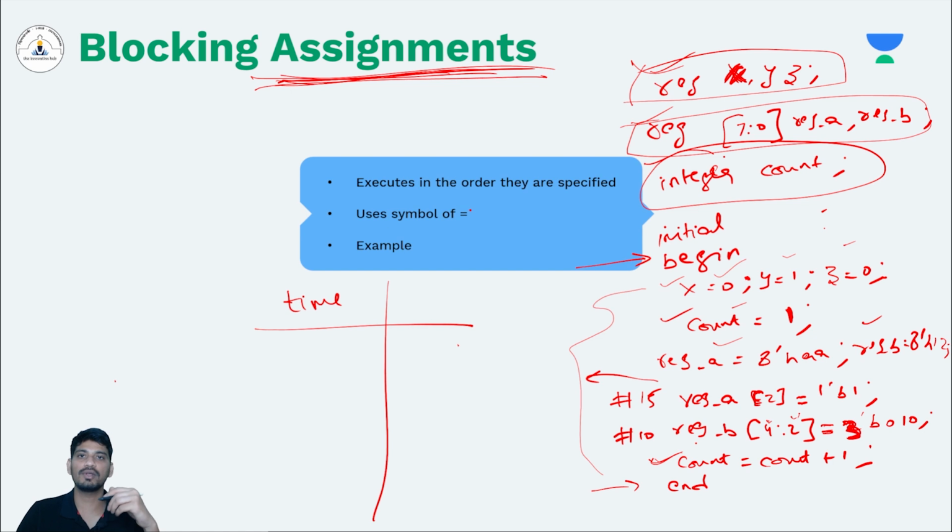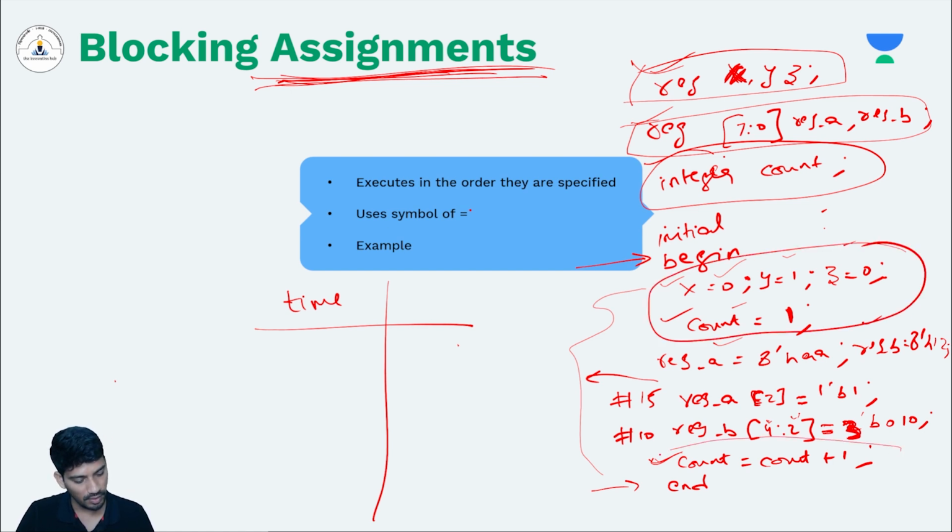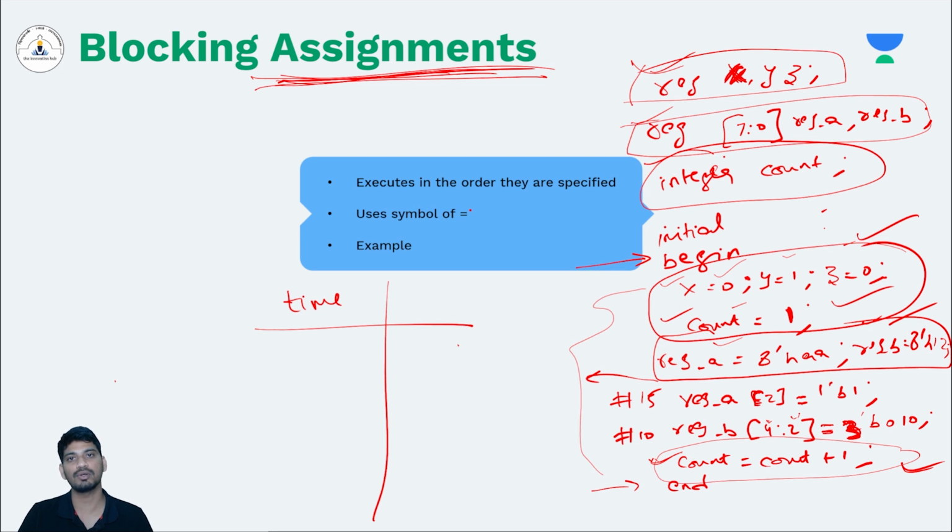So ideally we would think that all these lines, even this one with no delay, the 4 lines, will execute at time t is equal to 0. But that is not the case, because the purpose of a blocking statement is that it blocks each line before executing the next line. So first it will execute this line, then this line, then this line, then this.